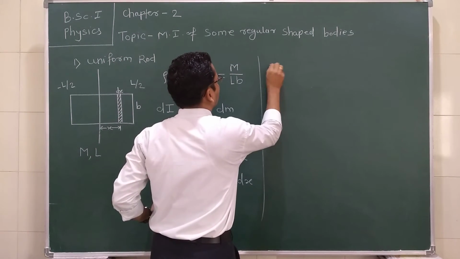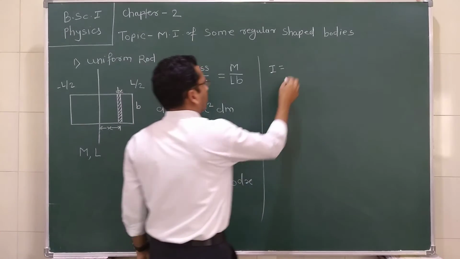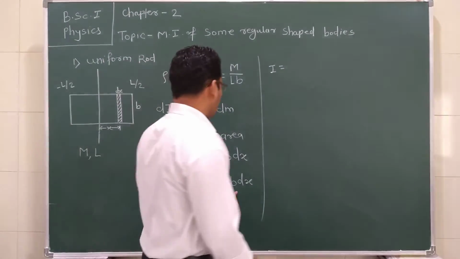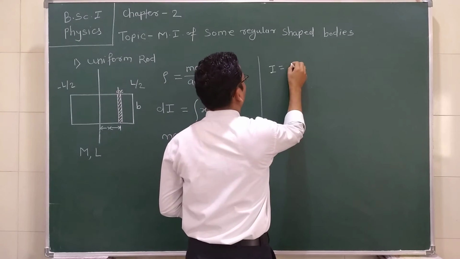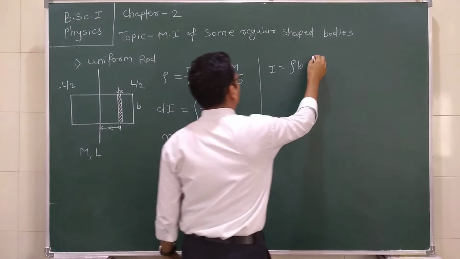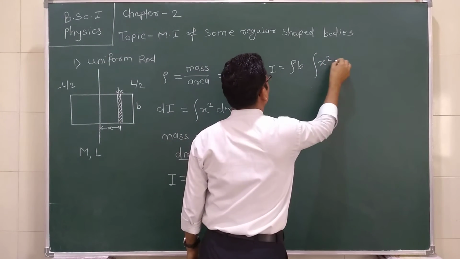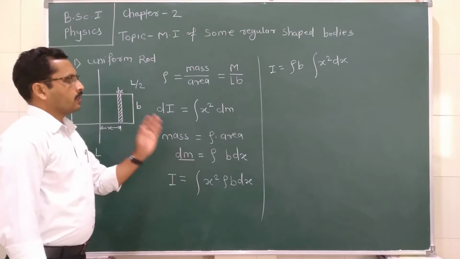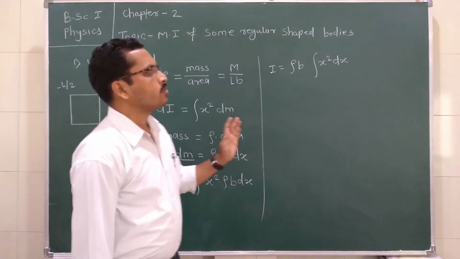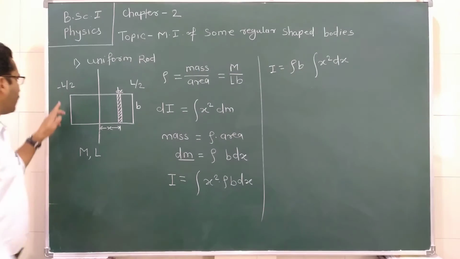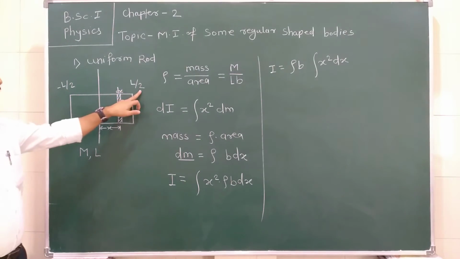I is equal to... this rho and this b, they both are constant, so we can take them out of the integration sign, and this is the integration of x square multiplied by dx. Now this must be solved within some limits, and the limits are from minus L by 2 to plus L by 2.